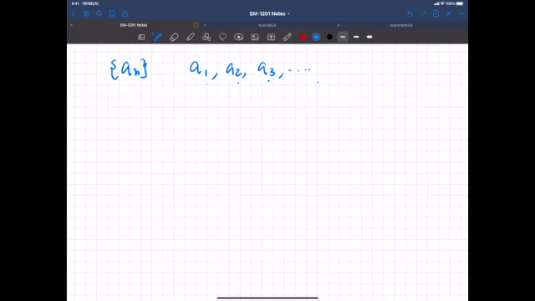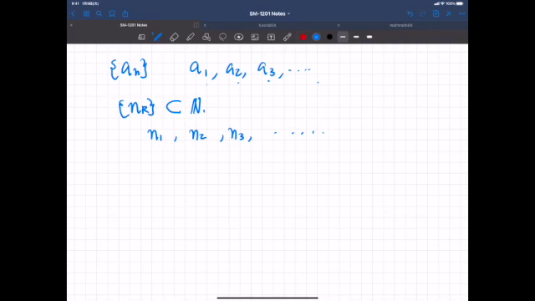So here's how we do it. First, let's pick a subset of natural numbers. Let n_k be a sequence of natural numbers. For example, n1, n2, n3, a sequence of natural numbers.